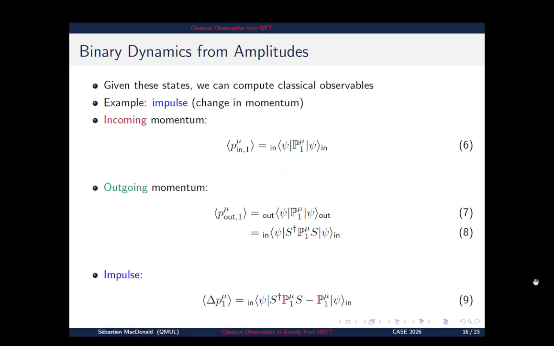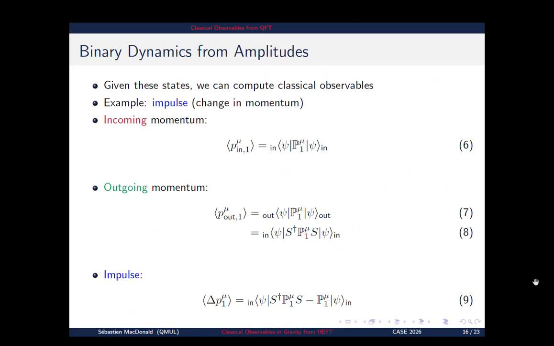Okay, so now we know how to develop our states to describe classical scattering. What can we now do with those states? For example, let's calculate the impulse of some black hole, the difference between its initial momentum and its final momentum.